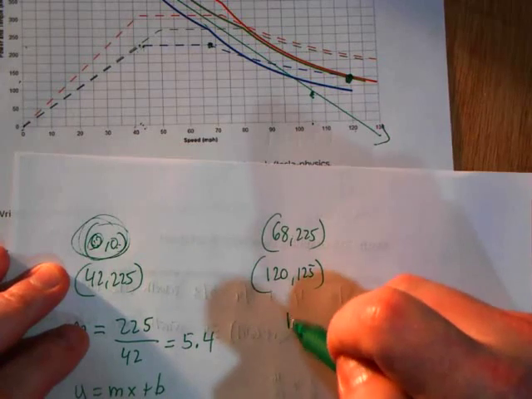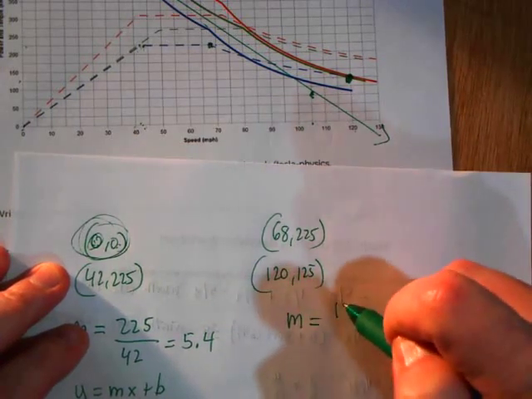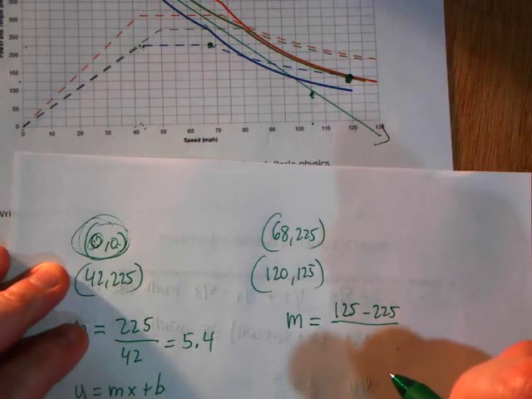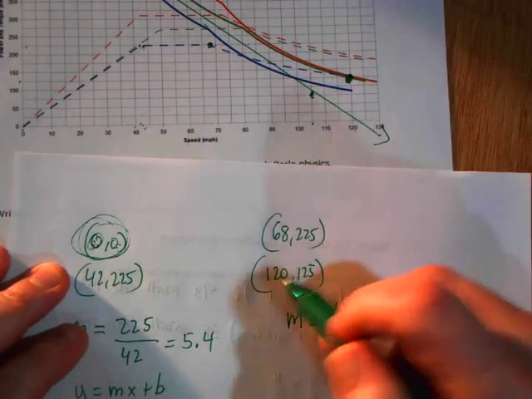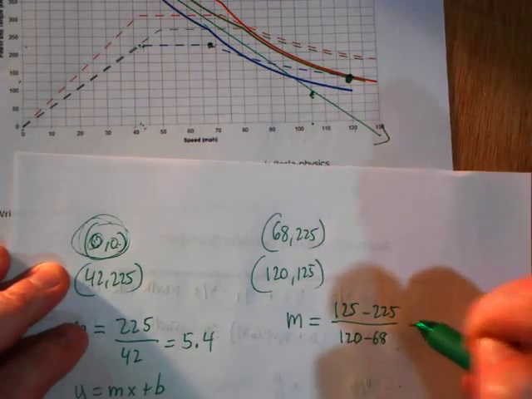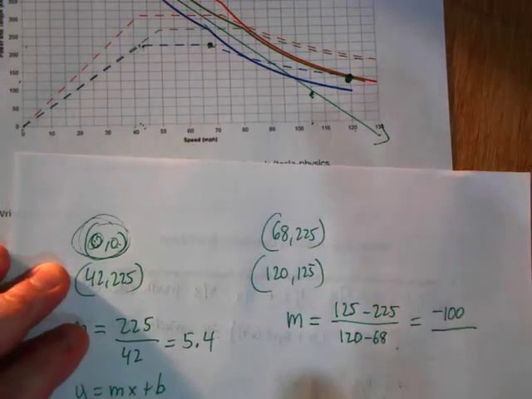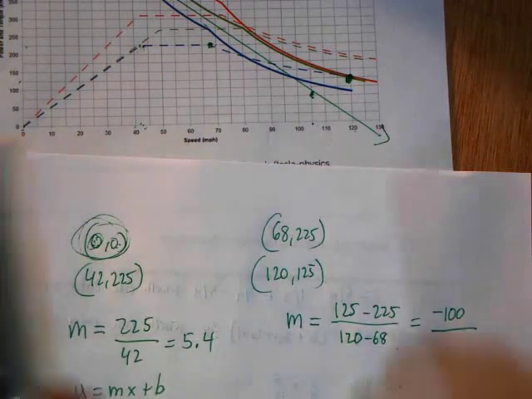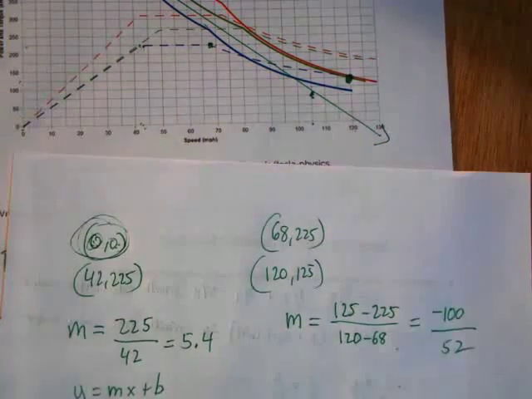So my slope is 125 minus 225 divided by 120 minus 68. That's minus 100 over 120 minus 68. Calculator tells me that's 52. Negative 100 divided by 52 is negative 1.9.